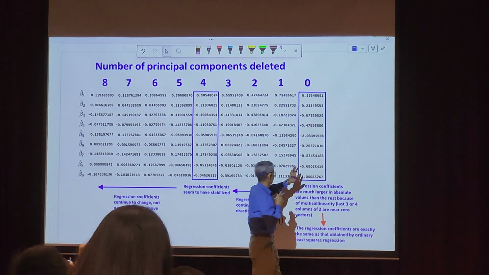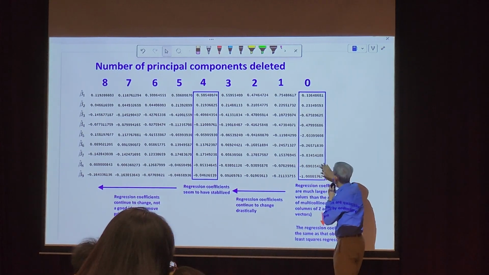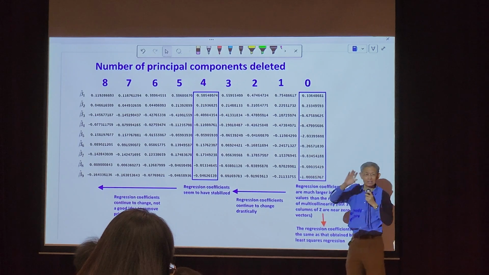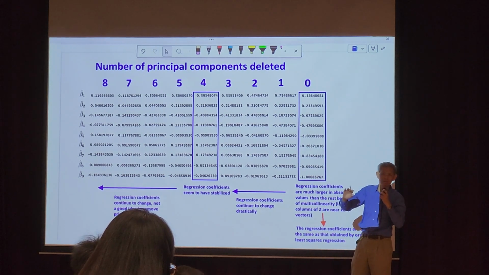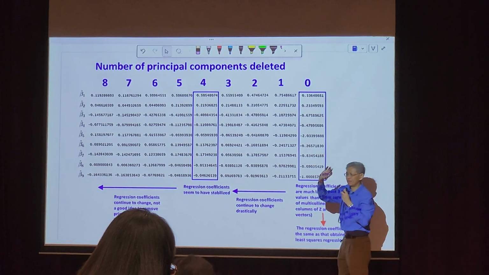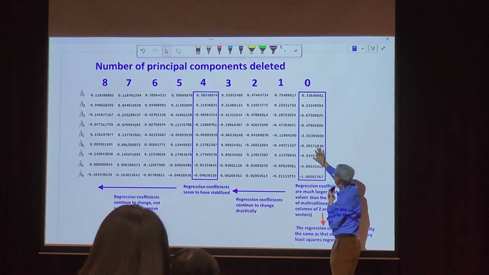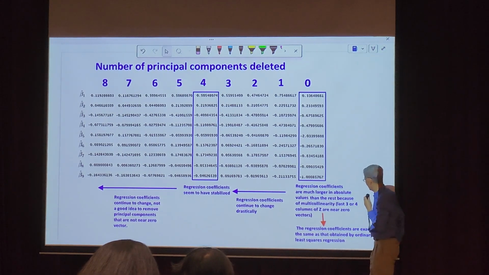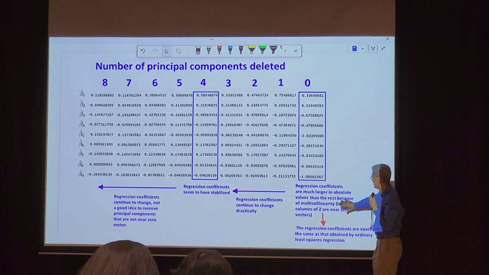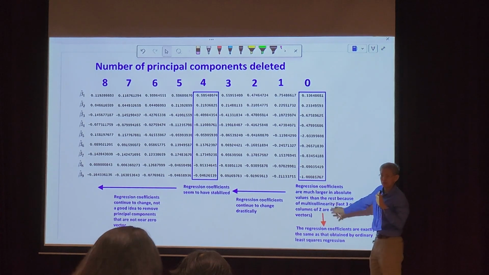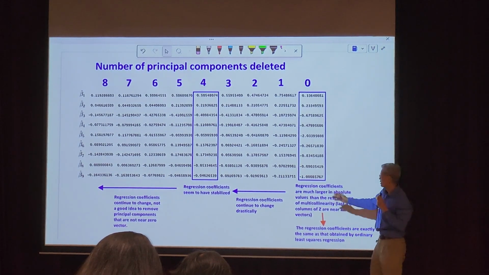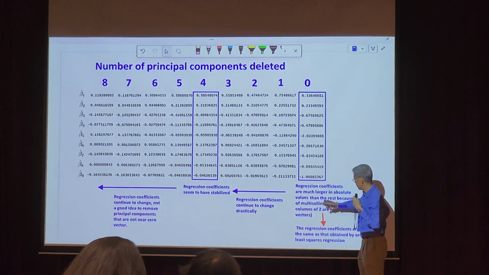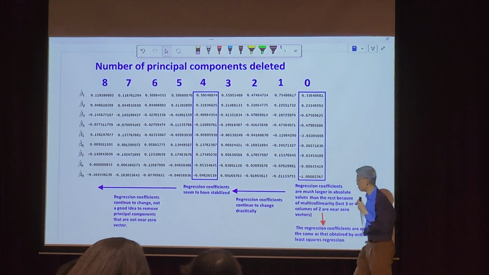This column is obtained by not deleting any principal component. I keep everything, and this is what I get. And this is exactly what you get when you do the ordinary least squares regression. It's the same.